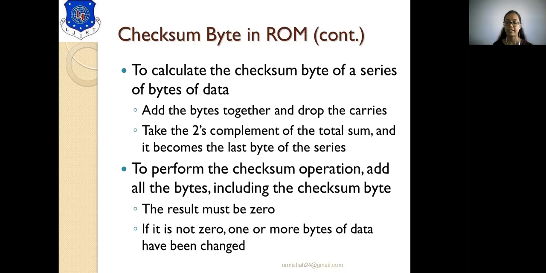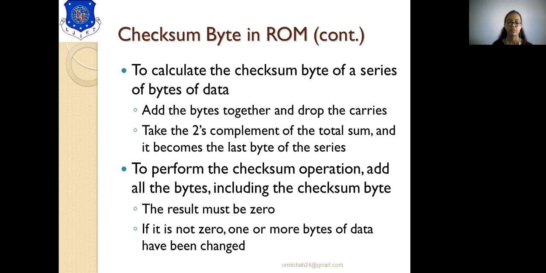So the checksum byte is that byte of data which you obtain by performing the 2's complement of the total sum of your memory data. 4 data bytes were present in my memory space, and the total sum I calculated was 60H. I have to take the 2's complement of 60H, and whatever answer I obtain is my checksum byte. If I add that checksum byte to 60H, the final answer will be 0.